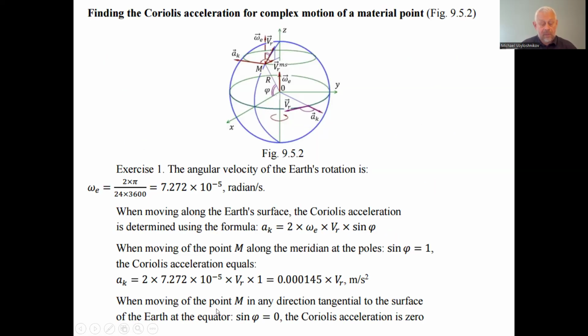And when the point is moving in a direction tangential to the surface of the Earth, as at the equator, sine phi is equal to 0, and the Coriolis acceleration is 0. So if sine phi is equal to 0, the Coriolis acceleration is equal to 0.